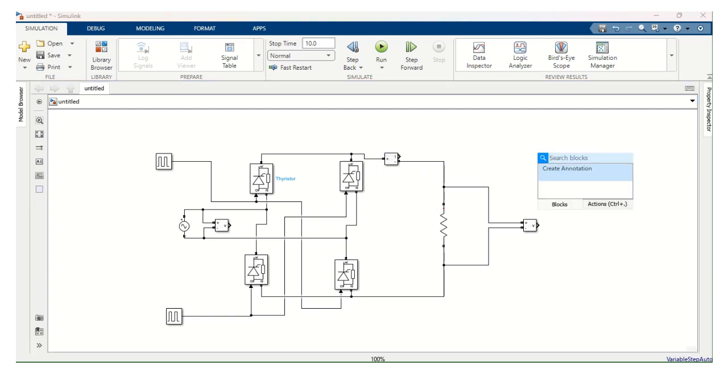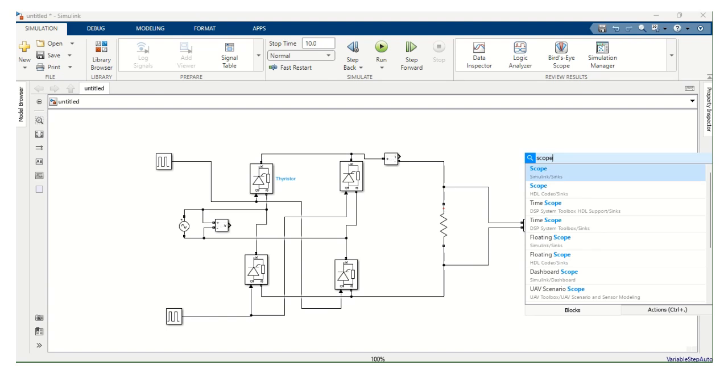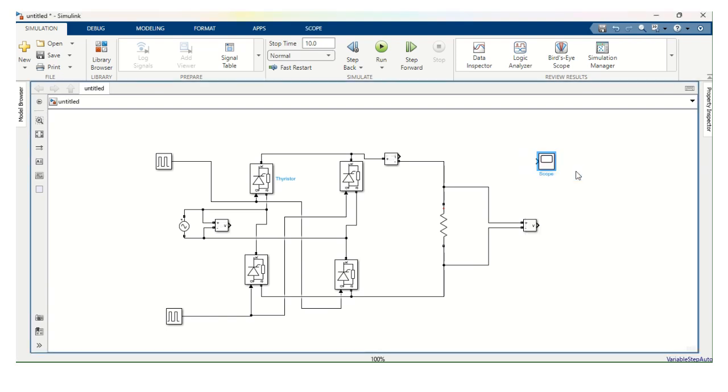We need scope to see all the waveforms. In the scope, we are going to connect the supply voltage, then the gate pulses and output voltage, and finally output current.